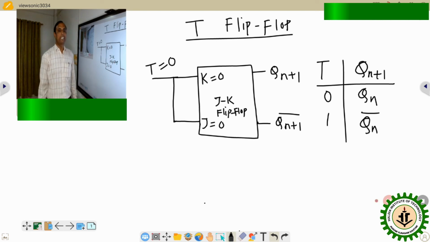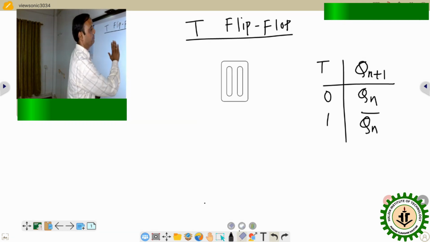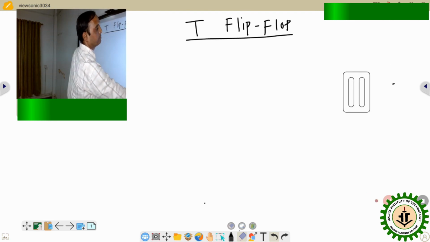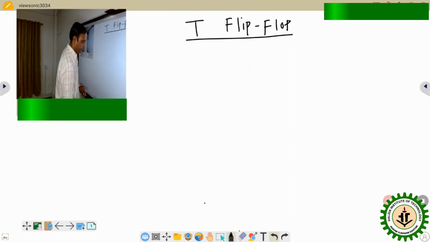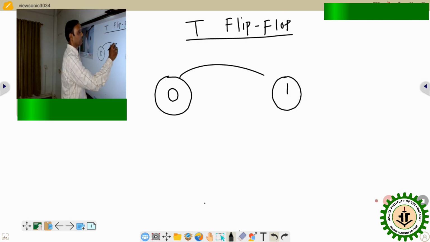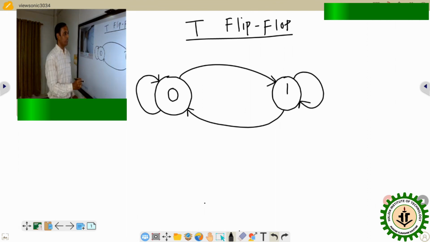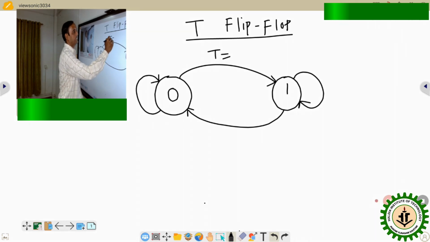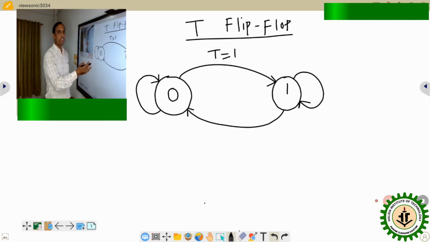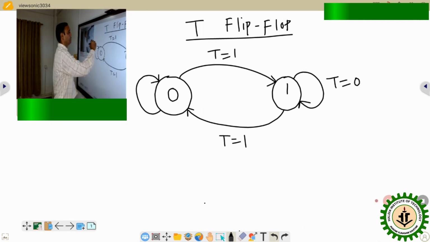So what will be the state transition diagram of the T flip-flop? 0 to 1, T equals 1, that means the next output changes from the current output. 1 to 0, same, T equals 1. 1 to 1, that means unchanged, that means T equals 0, and 0 to 0 also T equals 0.